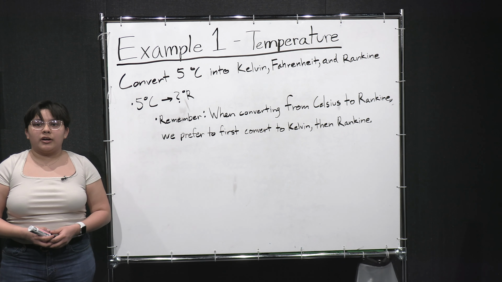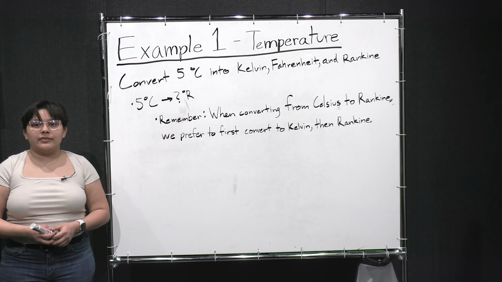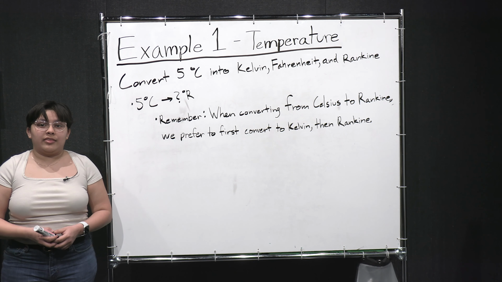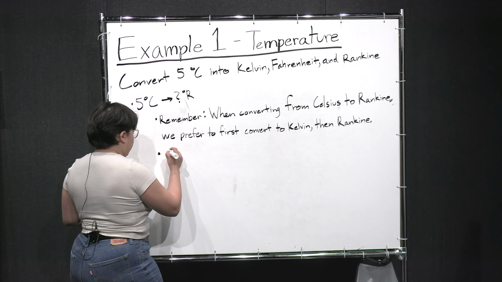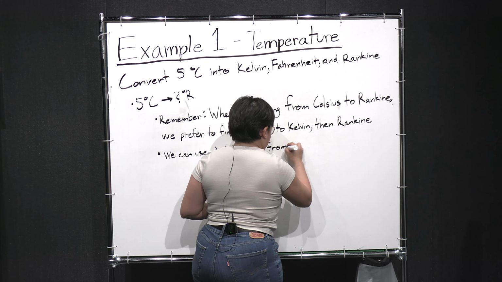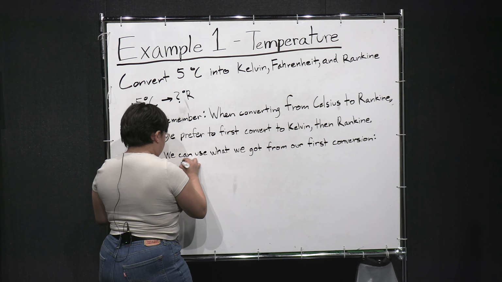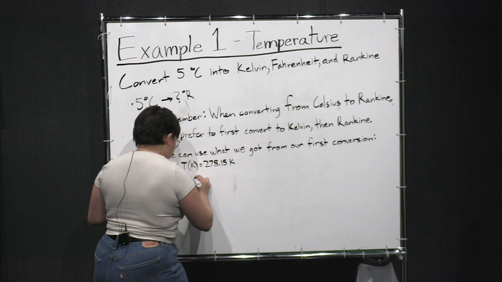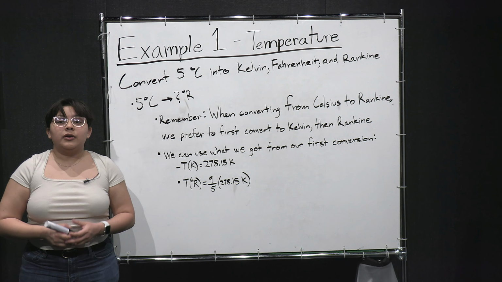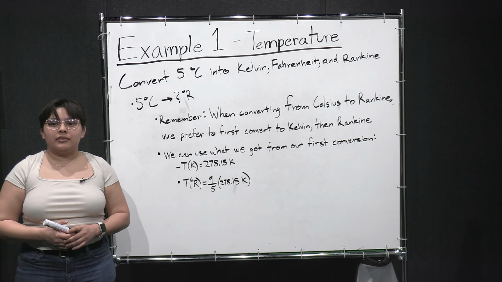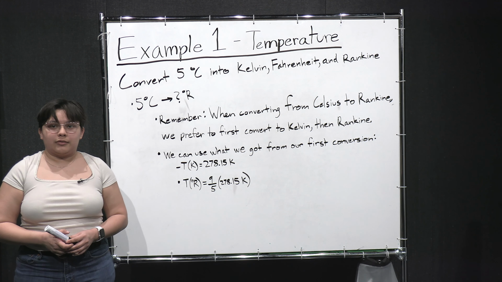We can use what we got from our first conversion, 278.15 Kelvin, and then convert to Rankine by multiplying by 9/5, which gives us 500.67 degrees Rankine.